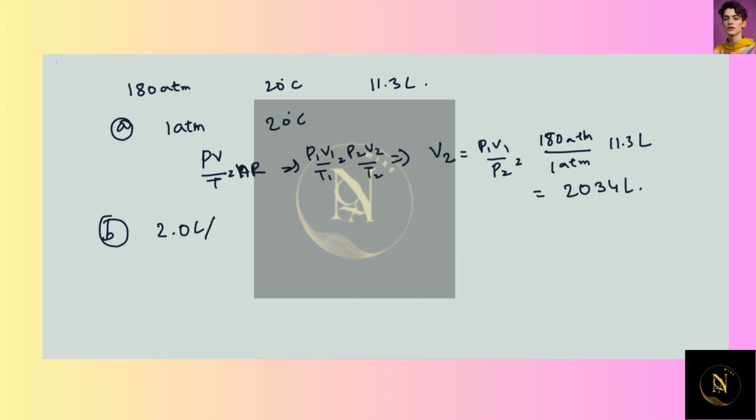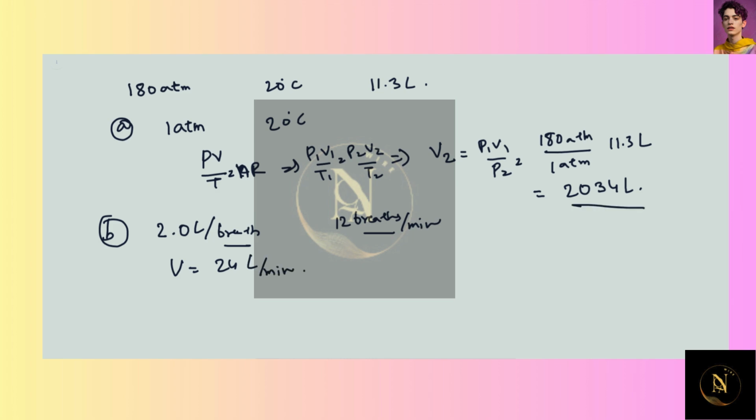Now for part B, we take 2 liters of air per breath and we breathe 12 breaths per minute, which means the volume of air we inhale in a single minute is simply 2 times 12, 24. As you notice, when you multiply the units, the breaths cancel, giving us liters per minute.